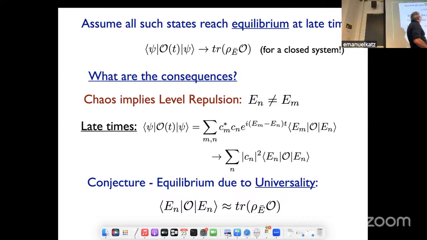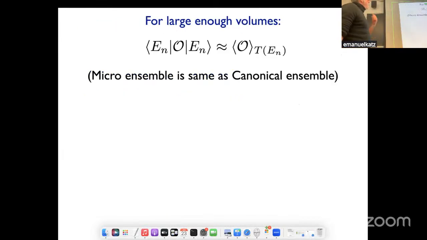Srednicki concludes something quite amazing: that the expectation value of some local operator, an operator that has access to just a few degrees of freedom, in some complicated eigenstate of a many-body system should already be, to exponential accuracy, almost the equilibrium expectation value. This is called the eigenstate thermalization hypothesis.